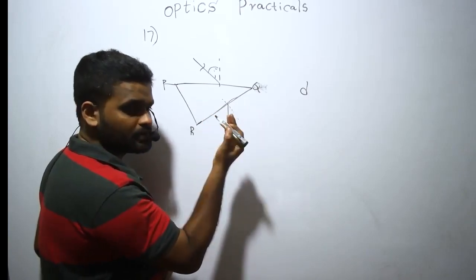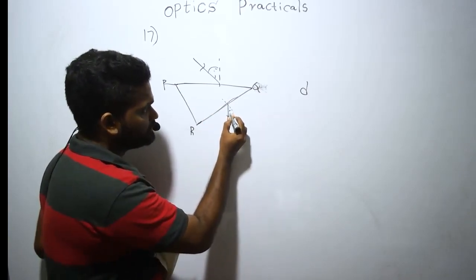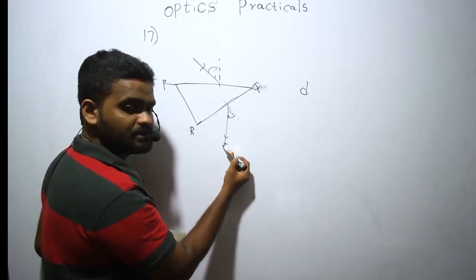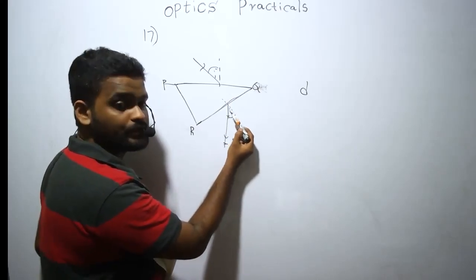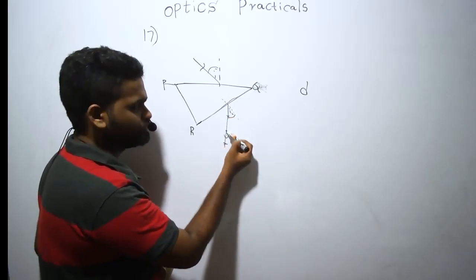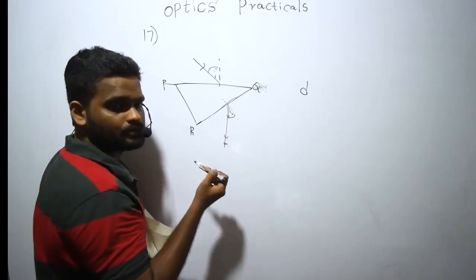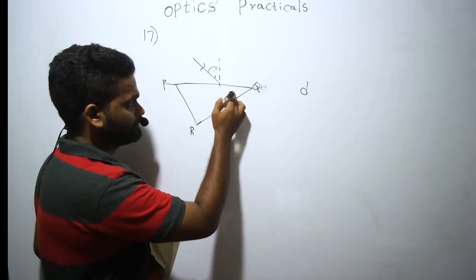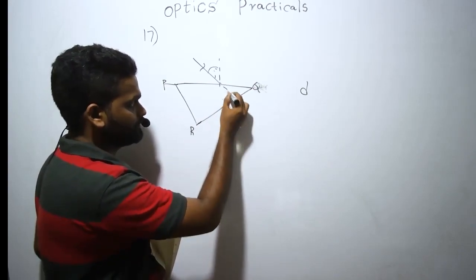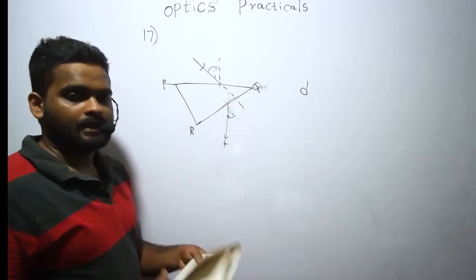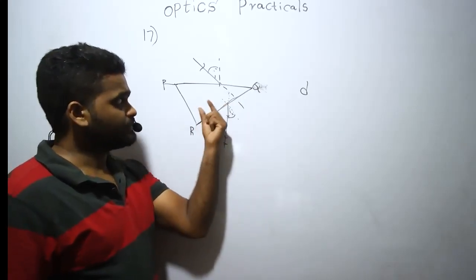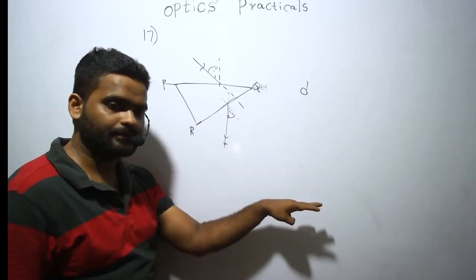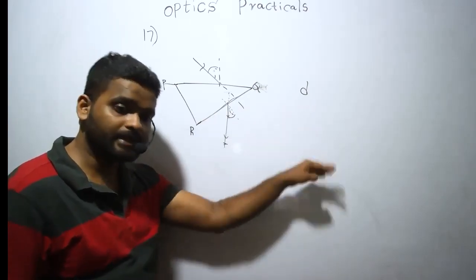Once you draw the normal, you can find this angle. The angle between the emergent ray and the normal is I2. Then you can use a protractor to find I2. By this method, you can increase the number of coordinates.